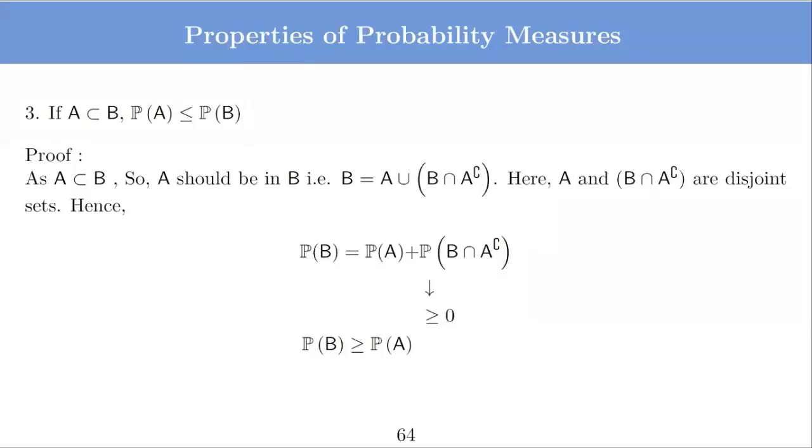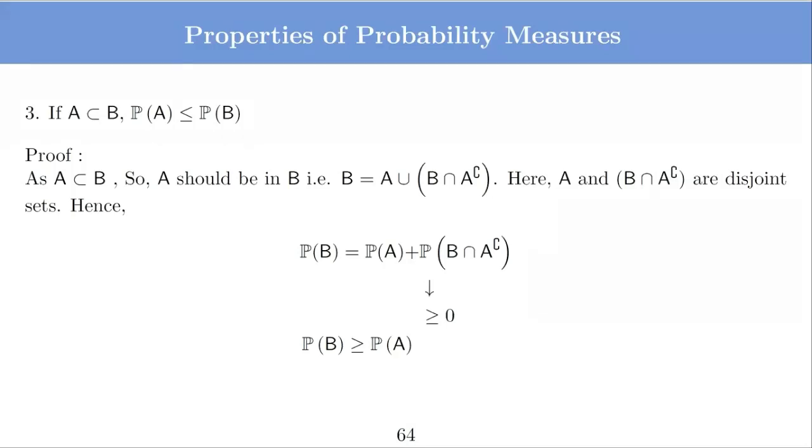Those can be said as B minus A, that will be the elements which are in B but not in A. Or another way to write the same set is also B intersection A complement, which means you take all the elements which are in B and also in A complement. And something in A complement means it is not in A. So you are taking all elements which are in B but not in A.